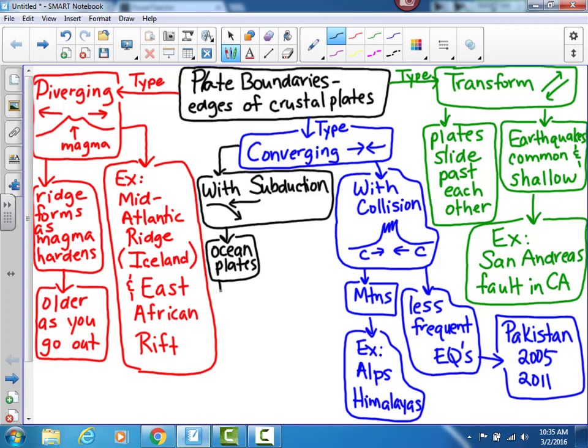The features you would get there would be deep sea trenches. Do you know the name of probably the most famous deep sea trench? Marianas Trench. It's in the Pacific. And that is the deepest place in the ocean that we know of.